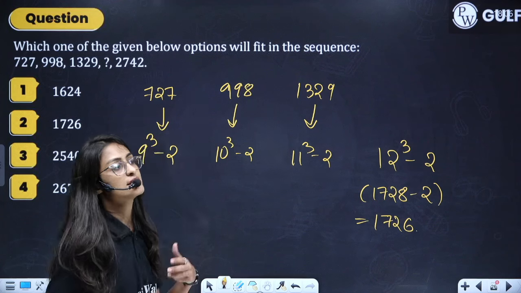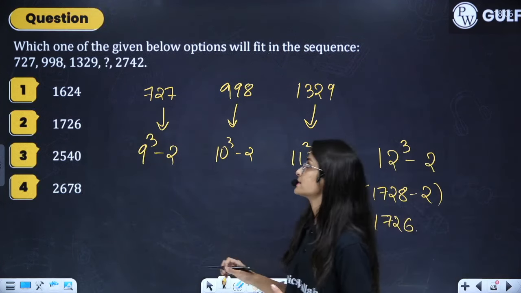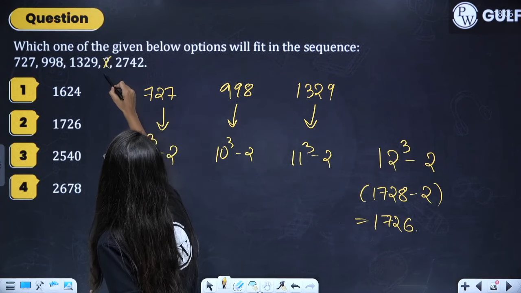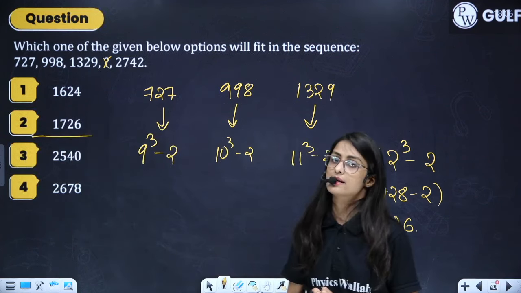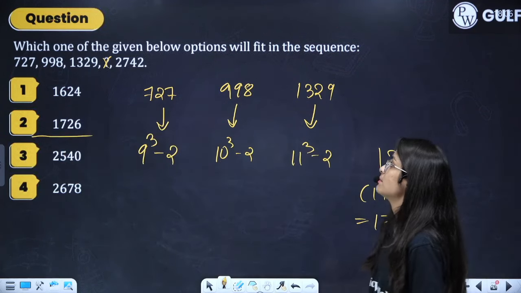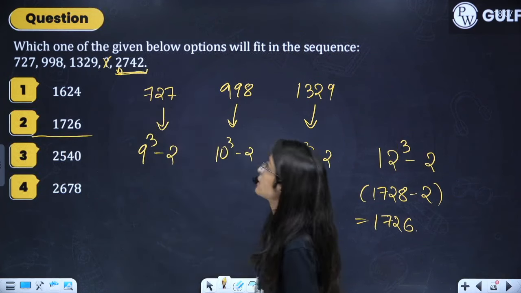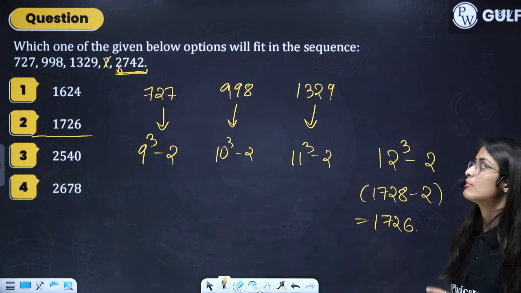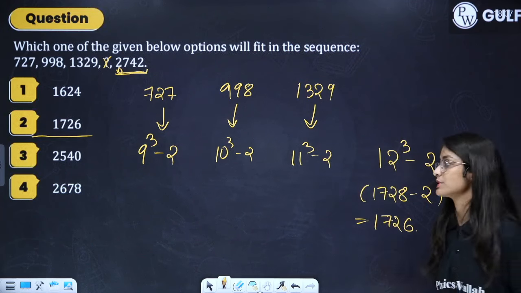So here we are subtracting 2 from the cube numbers and making a sequence. In the place of the question mark, you will have 1726. There might be a tiny mistake in the options because 1742 won't come, but it is very clear that they are subtracting 2 from the cube number.